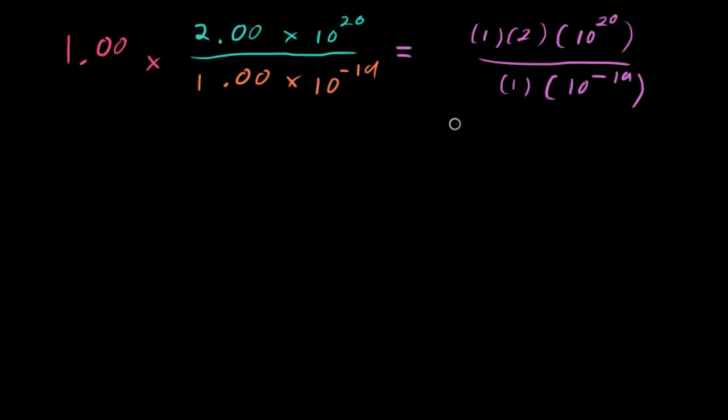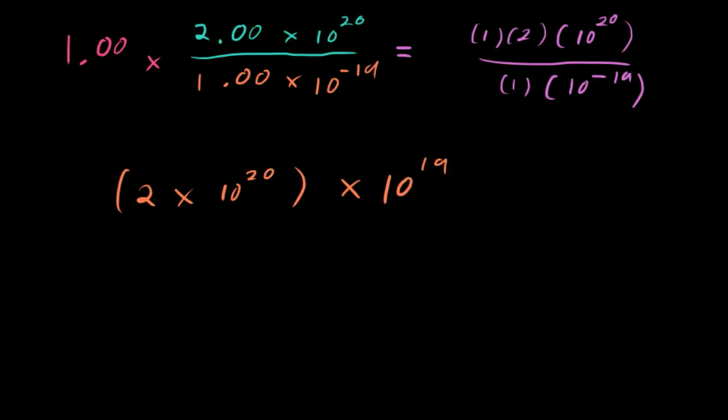The 10 to the minus 19th will come onto the top of our expression as a positive exponent. So we have 2 times 10 to the 20th times 10 to the 19th.